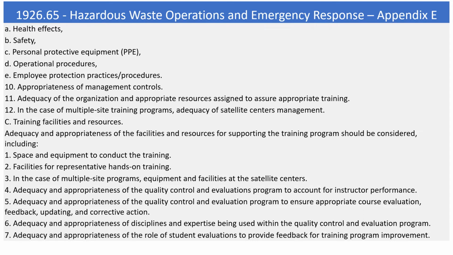Adequacy and appropriateness of the quality control and evaluations program to account for instructor performance. 5. Adequacy and appropriateness of the quality control and evaluation program to ensure appropriate course evaluation, feedback, updating, and corrective action. 6. Adequacy and appropriateness of disciplines and expertise being used within the quality control and evaluation program. 7. Adequacy and appropriateness of the role of student evaluations to provide feedback for training program improvement.